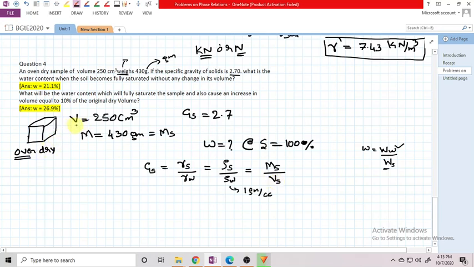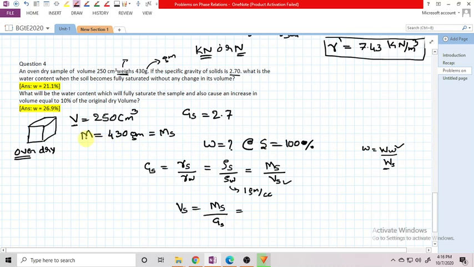Total volume they given, so this total volume is 250. In this total volume, some volume is occupied by air. Since it is a dry sample, there is no water at all, so all the volume of voids is occupied by air. So now I can find out the volume of solids. Volume of solids equal to mass of solids divided by specific gravity.